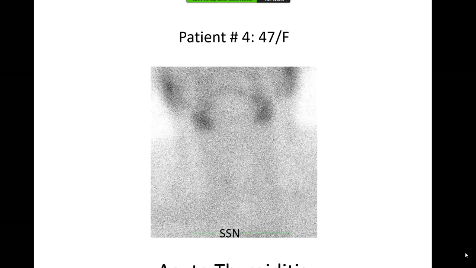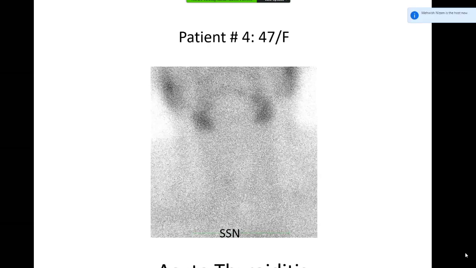Another question is, could a discordant nodule be a cause of papillary or follicular carcinoma? Basically, when you have a nodule that doesn't show normal uptake either on a pertechnetate scan or on an iodine scan, it theoretically has a 10 to 15% probability of harboring malignancy.